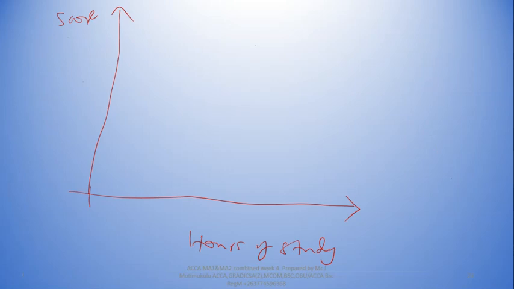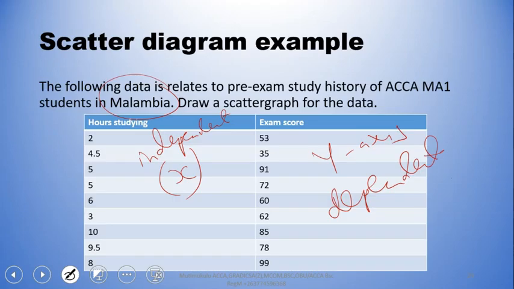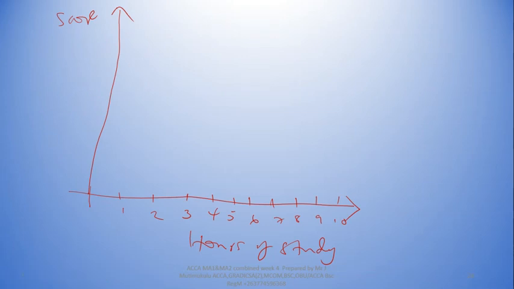So you can say 1, 2, 3, 4, 5, 6, 7, 8, 9, 10. Then the highest score obtained, we can see that it was 99. So you can simply say 10, 20, 30, 40.